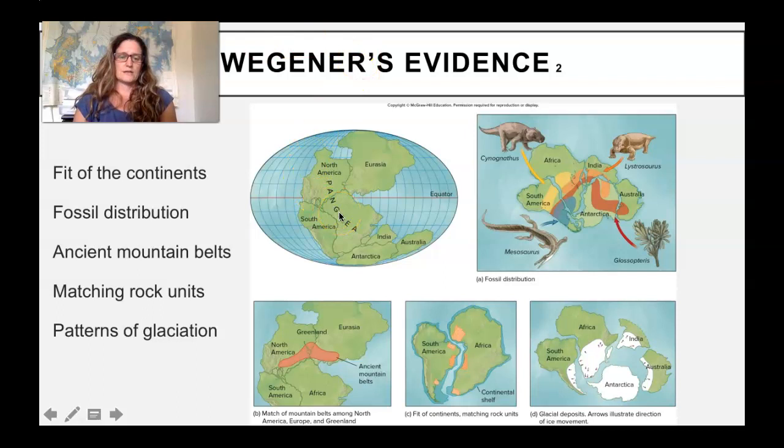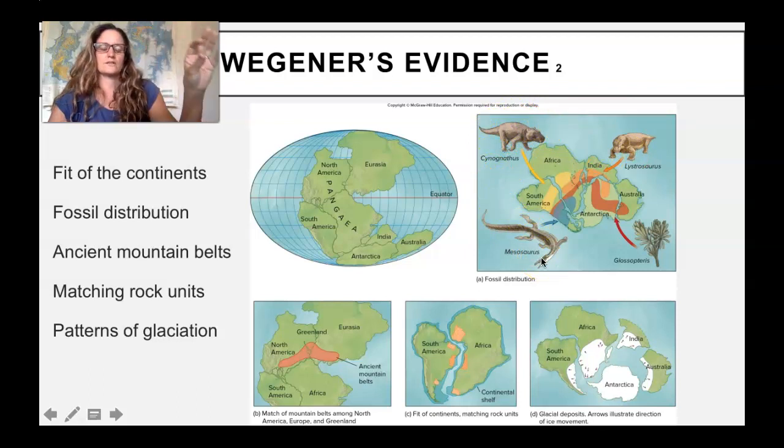He and other scientists looked at very unique fossils that he could trace across continents: plants from Australia that he could place in Antarctica and all the way across Africa and India and down into South America. These were different organisms from different time periods that he could trace across continents.